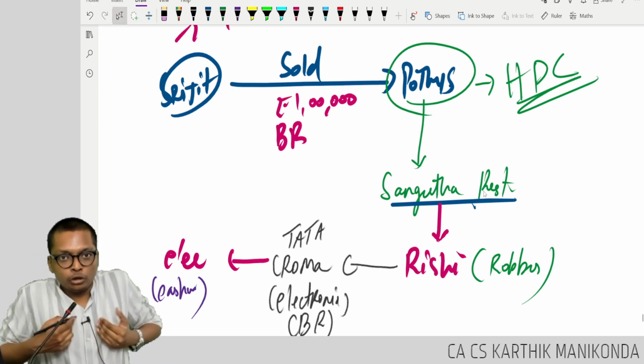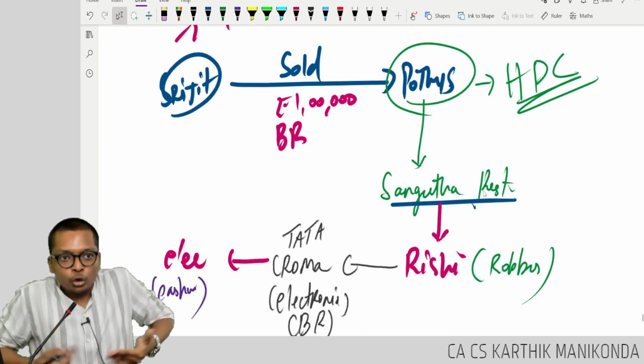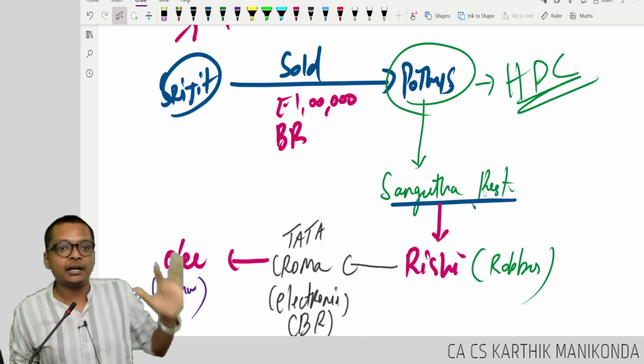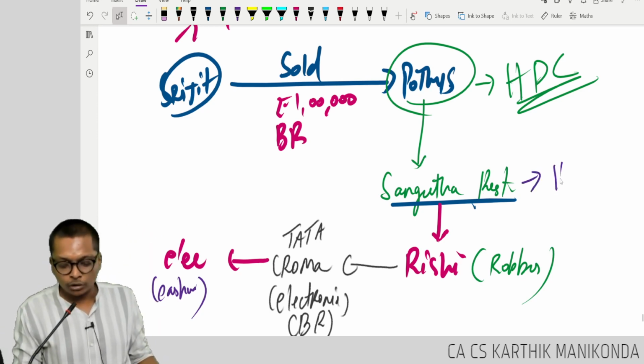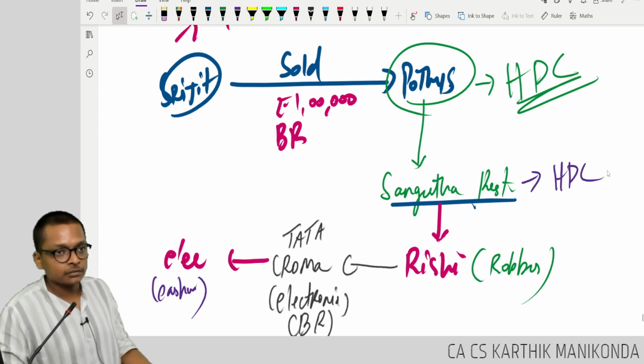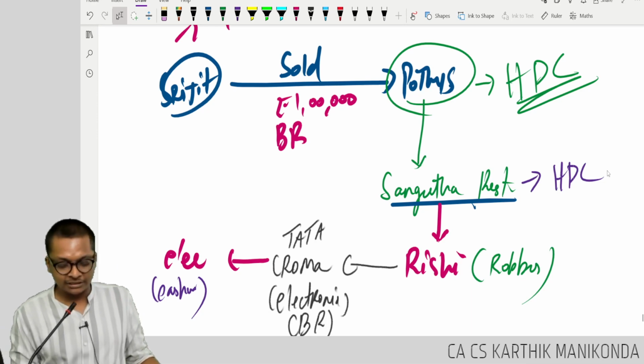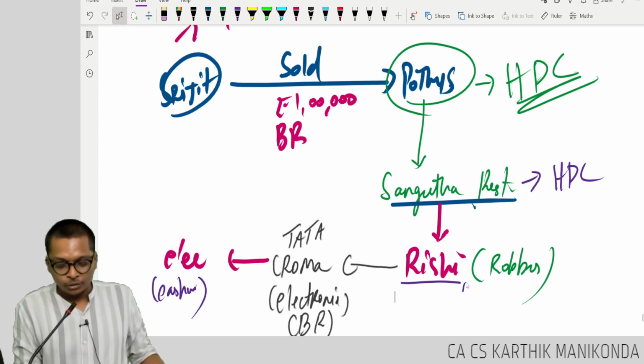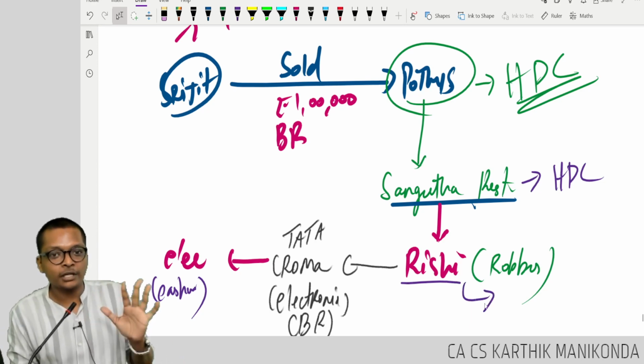He gave it to Sangeeta. Sangeeta restaurant also got it in the due course of their business. In exchange for money, they got this bill. So they are also called holder in due course. Rishi, did he get it in due course of business? What did he do? Stole it. So Rishi is not a holder in due course.